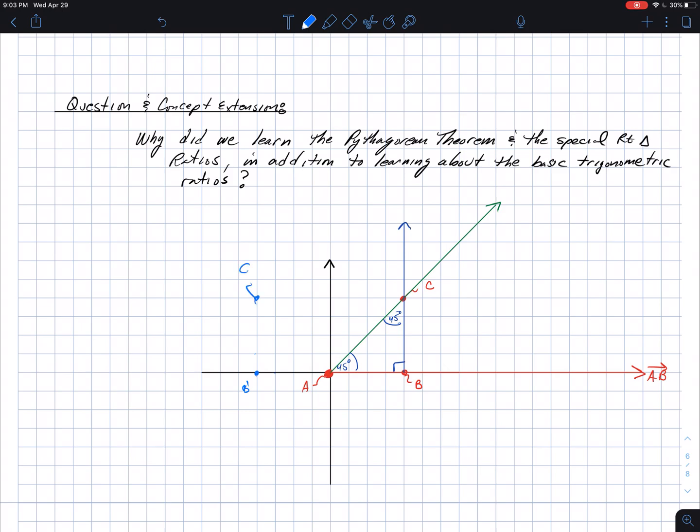So that would be C prime, and you'll notice that if I make another ray here, and another ray here, I get another right triangle. I'm not suspecting you might see the pattern yet.